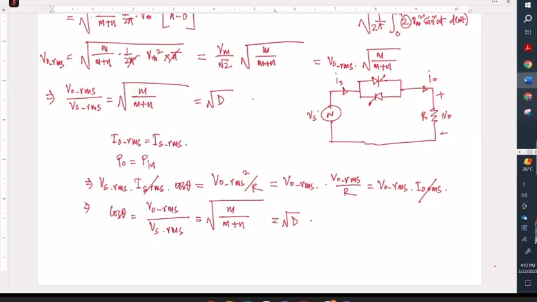Any confusion regarding this? Anyone? Do I need to clarify anything?